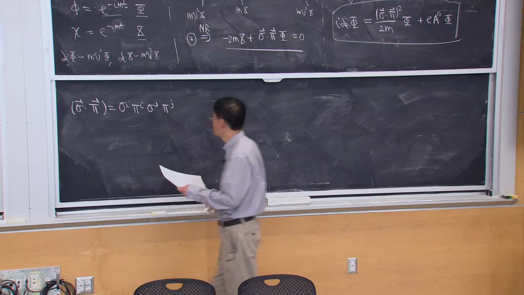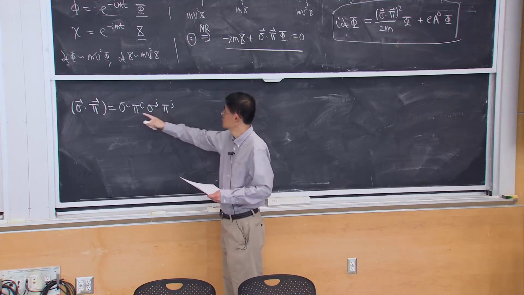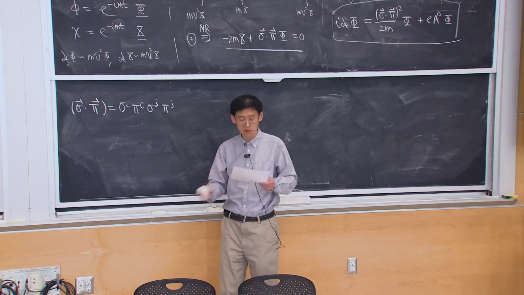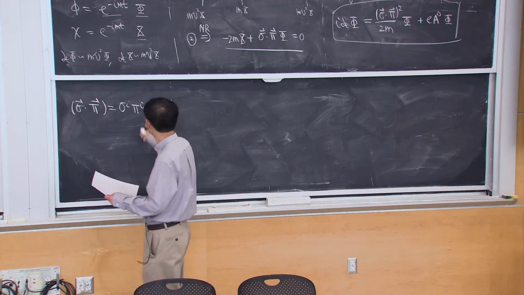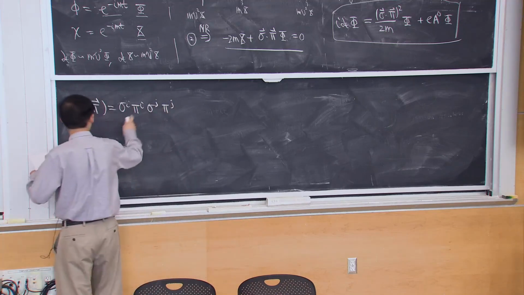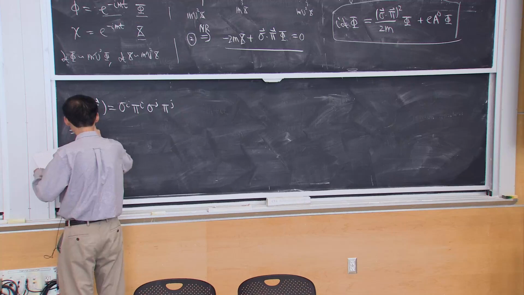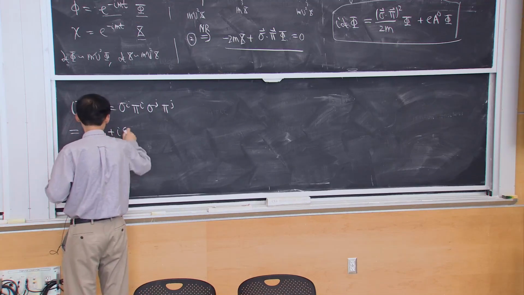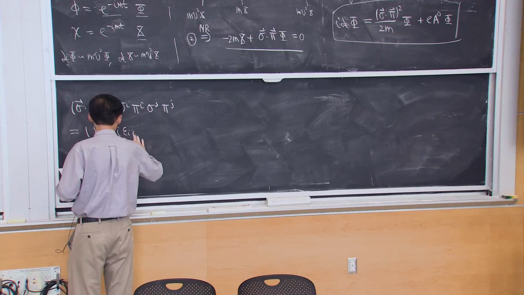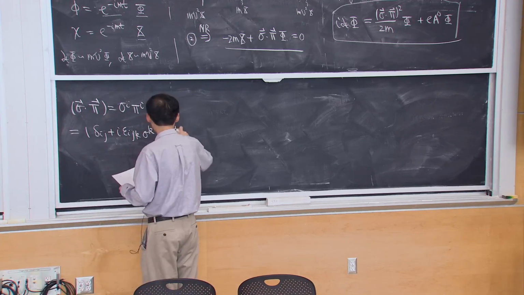Sigma i pi i, sigma j pi j. But remember, pi i and pi j are operators, so you need to keep the order in them. So we just have sigma i sigma j, which gives delta ij plus i epsilon ijk sigma k, and then pi i pi j.